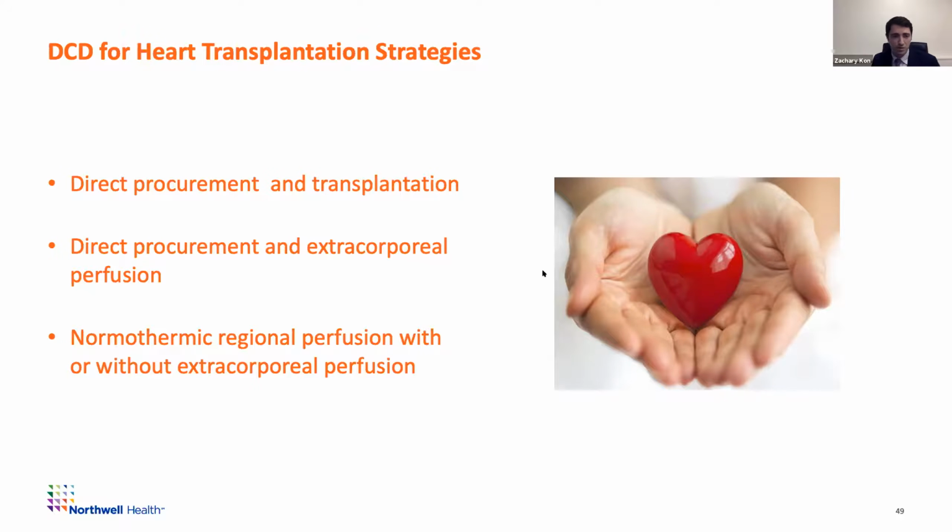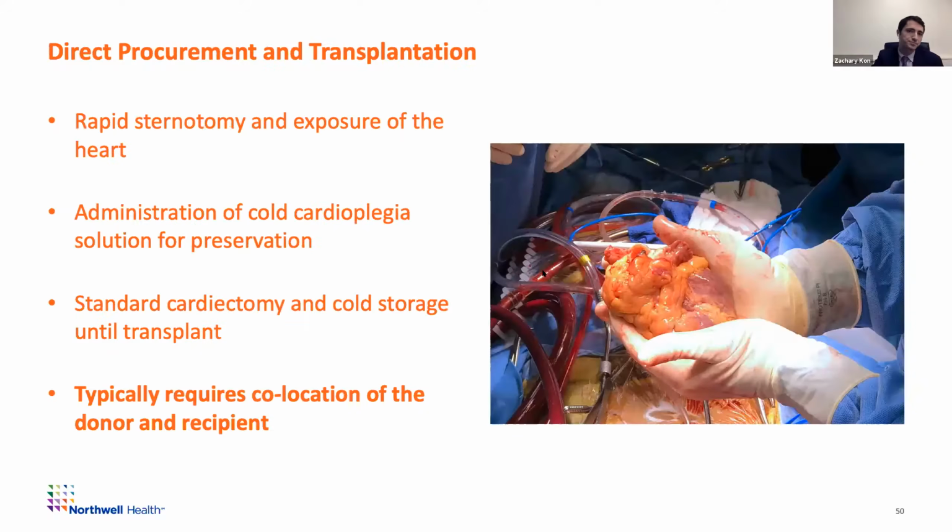There's direct procurement and extracorporeal perfusion, and then what I will focus on, which is normothermic regional perfusion, with or without extracorporeal perfusion. And I say that here to emphasize that I don't think these technologies are mutually exclusive in any way. And in fact, I think many times will end up being synergistic or complementary to one another in the future. So I think it's important to understand that these can work together and in fact likely will.